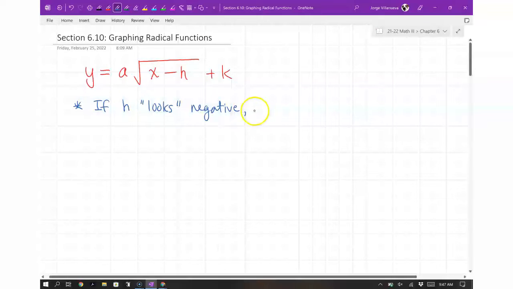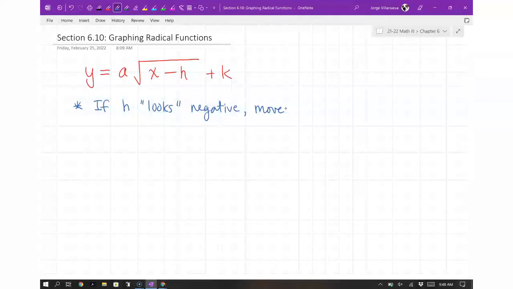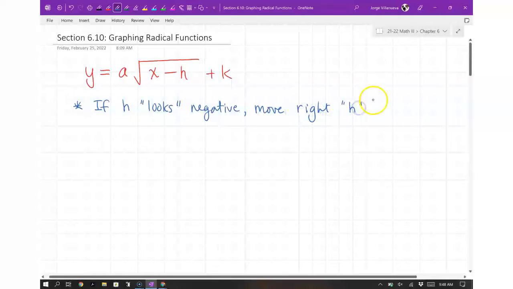If it looks negative, we move, anybody remember? Are we going up, down, or left and right for the thing inside of the function? Anybody remember? It's left and right. So this one would be to the right side. Okay? Move right h times.